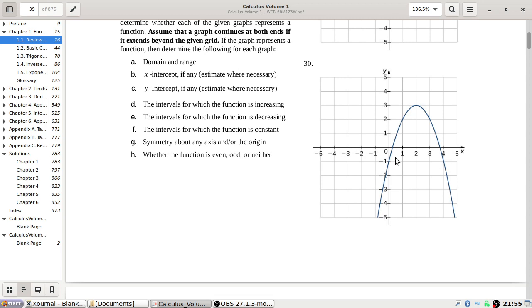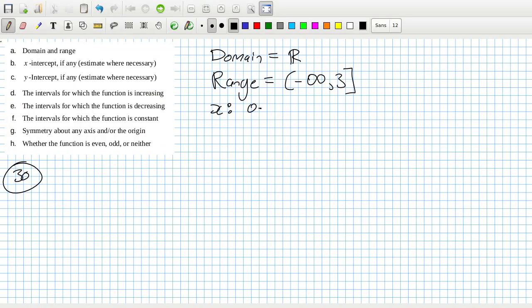Oh, how am I supposed to judge where that is? Why did they do this? A quarter and 0.25 or 3.75.